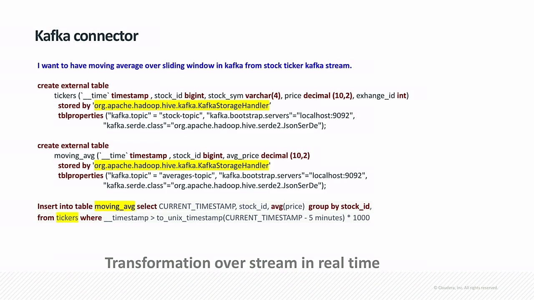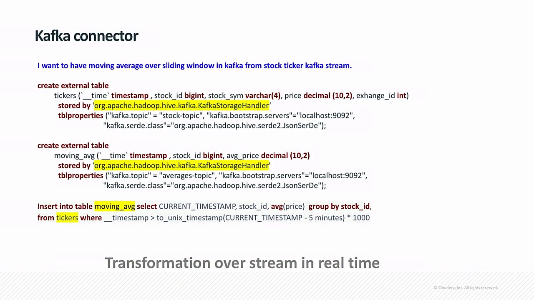We also have the Kafka connector, so you can define Hive tables directly on a Kafka topic. Here we have a couple of examples of creating Hive tables on top of Kafka streams.